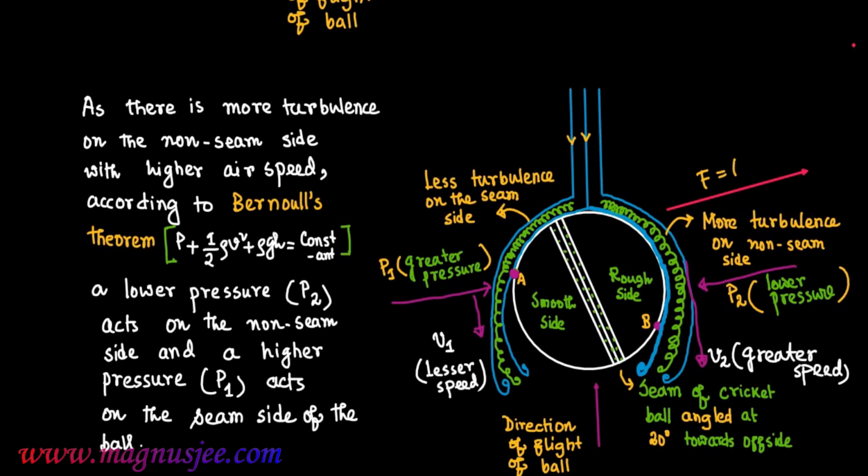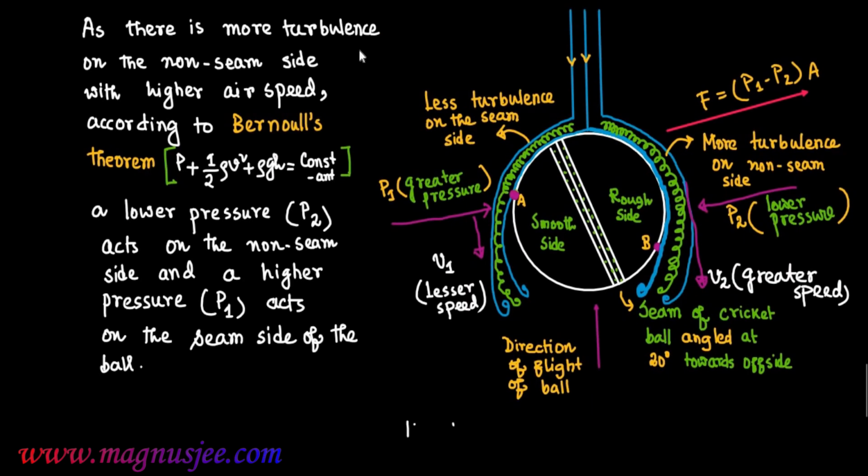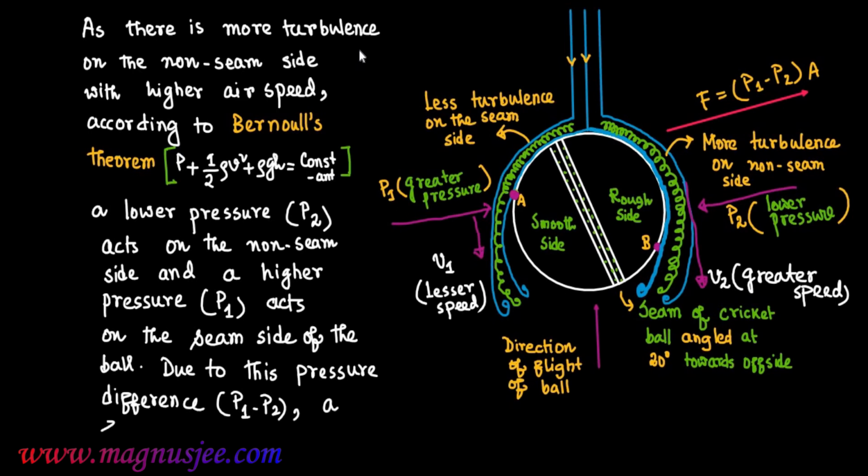As a result of the pressure difference P1 minus P2, a lateral force F equal to P1 minus P2 into A will act towards right. That means from seam side to non-seam side.